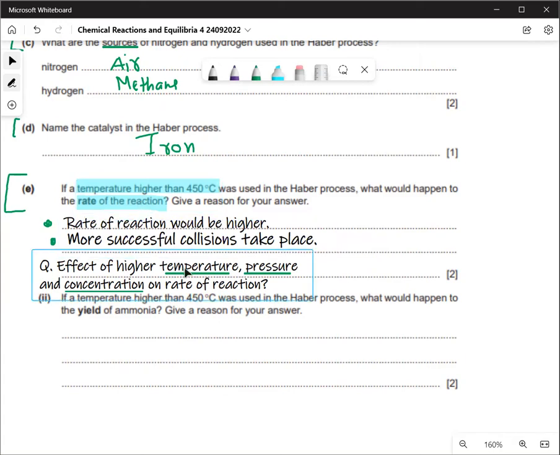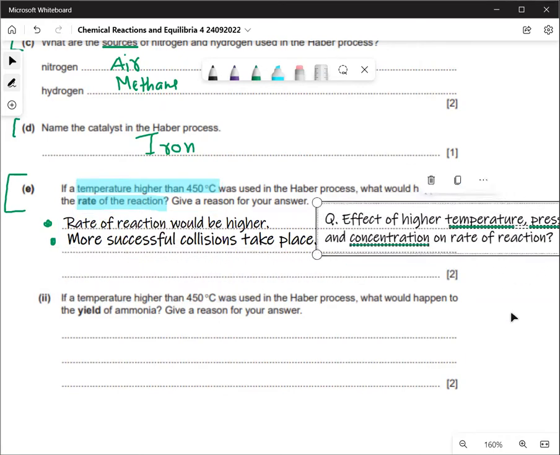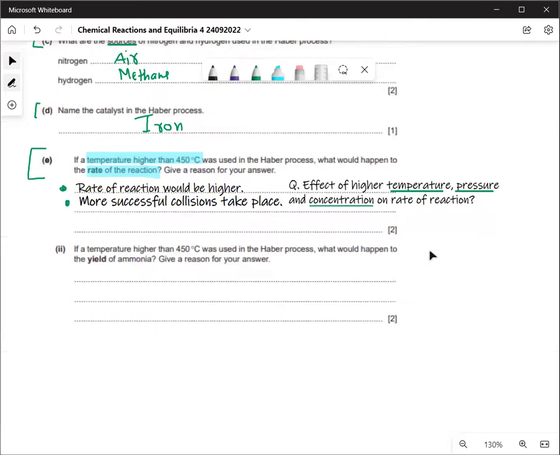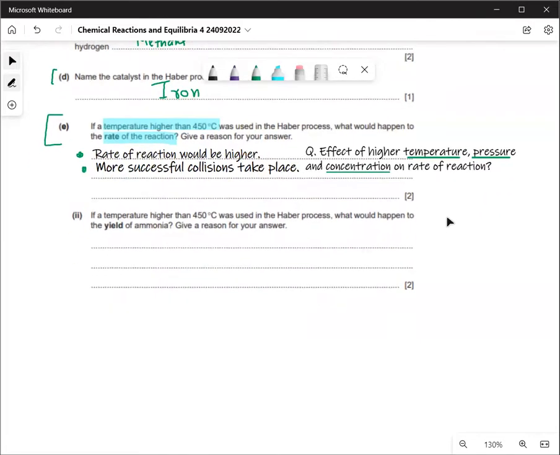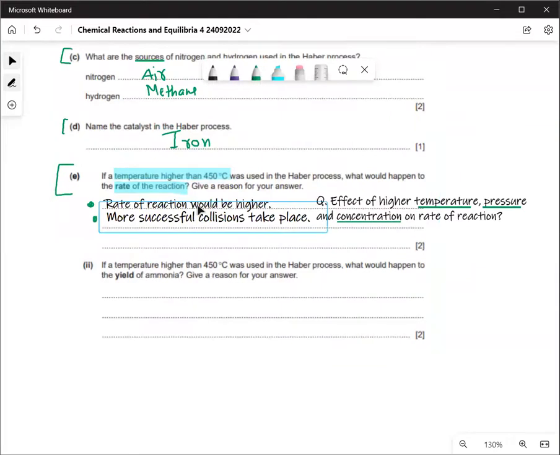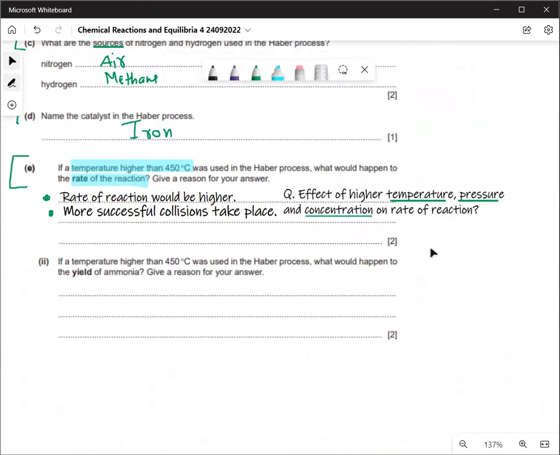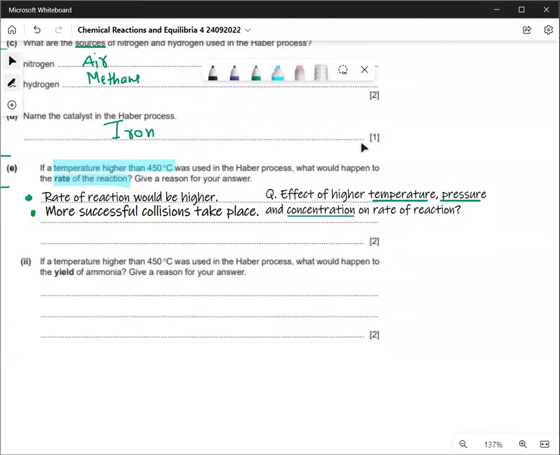Fine. Done. Okay. I'm giving you a few more notes to write down. Actually, we'll look at that afterwards when we get more questions like this. But this should be enough for now. For 2 marks, this is enough. We'll look at rate of reaction again when we do more questions on this.